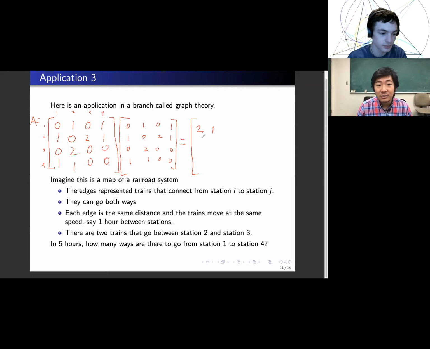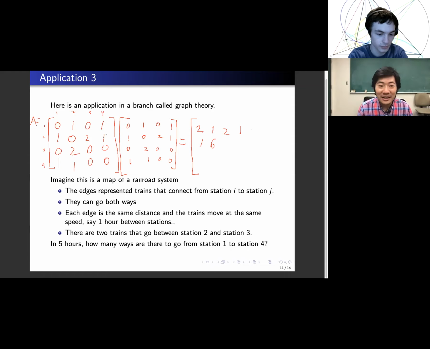And this will be 2 and 1. And then this row times this column is 1. And this row times this column will be 1 plus 4 plus 1. So it's 6.